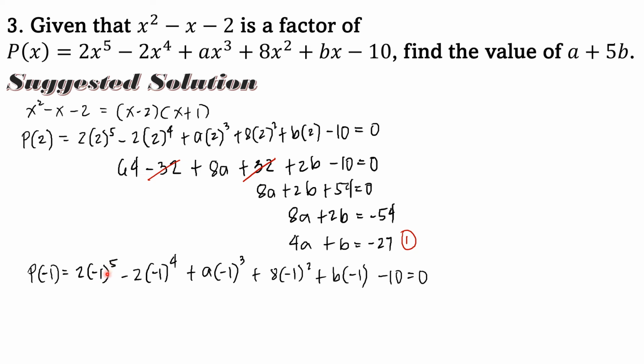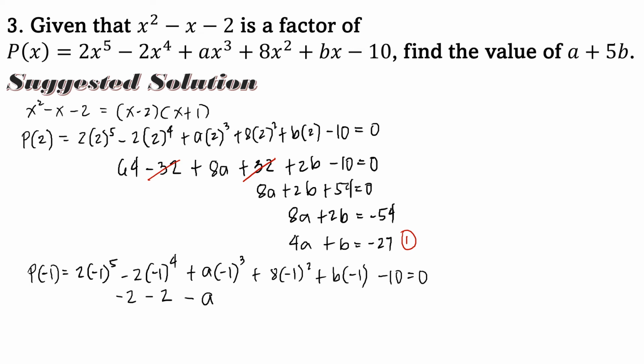Negative 1 raised to the 5th power is negative 1 times 2. Meron tayong negative 2. Negative 1 raised to the 4th power is positive 1 times negative 2. Meron tayong negative 2. Negative 1 cubed is negative 1 times a, that will be negative a.